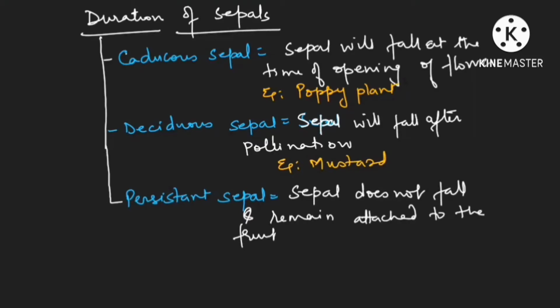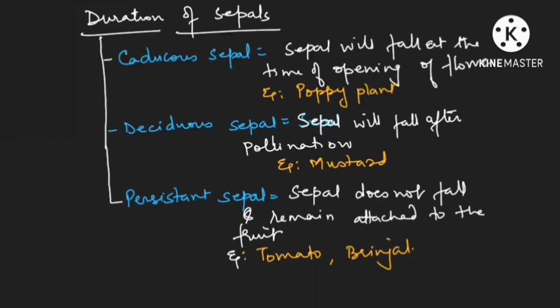An example is tomato as well as brinjal. These are a few examples. So I think the outermost whorl, the calyx, is clear to you: the polysepalous and gamosepalous conditions, the modifications, and the duration of sepals.